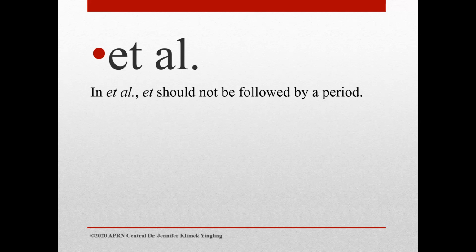It's a Latin abbreviation, so you want to make sure that you do it right, because a lot of times I'll have students do "et period, al period," or they don't put any periods. But the correct way to do et al. is "et" space "al" period. Again, check out that find and replace function. It's going to be helpful for you as you're reviewing your writing.